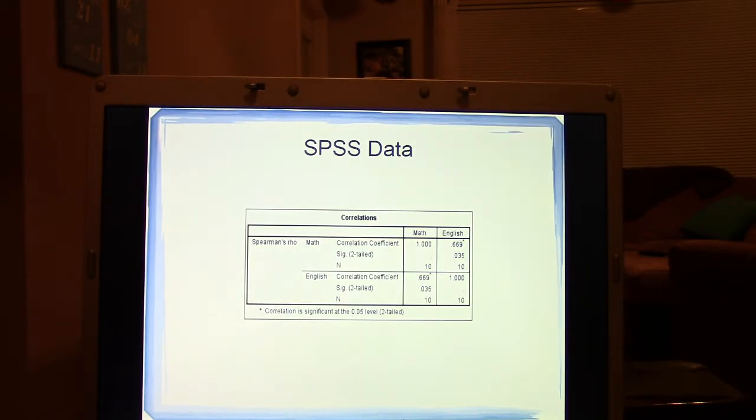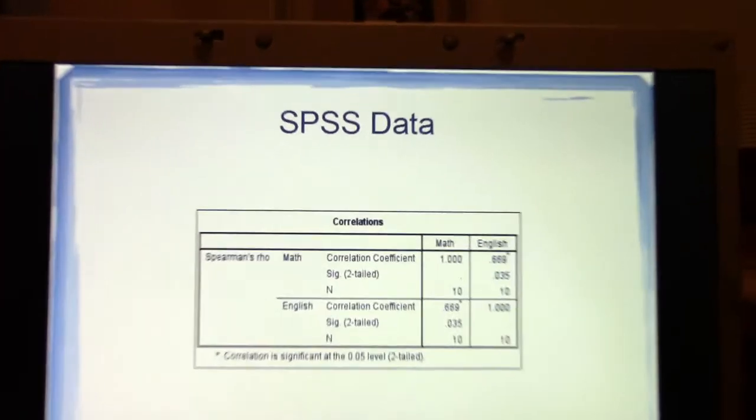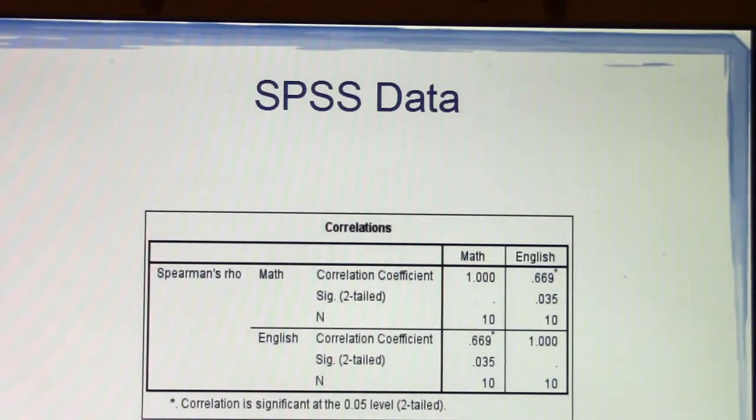I also wanted to go ahead and run the SPSS system since we have used this semester, and I wanted to input our data from this example to see what this computer program would actually get and see if my math was correct with what the computer gave us. I will again go ahead and zoom in since these are kind of small numbers. There we go.